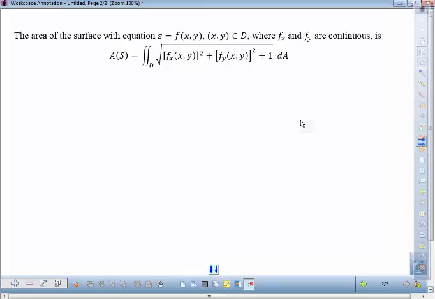So it's the square root of fx squared, fy squared, and 1 dA, which is either dx dy or dy dx, depending on how you approach it. All right. So now you know the formula. We can just do a couple of examples.